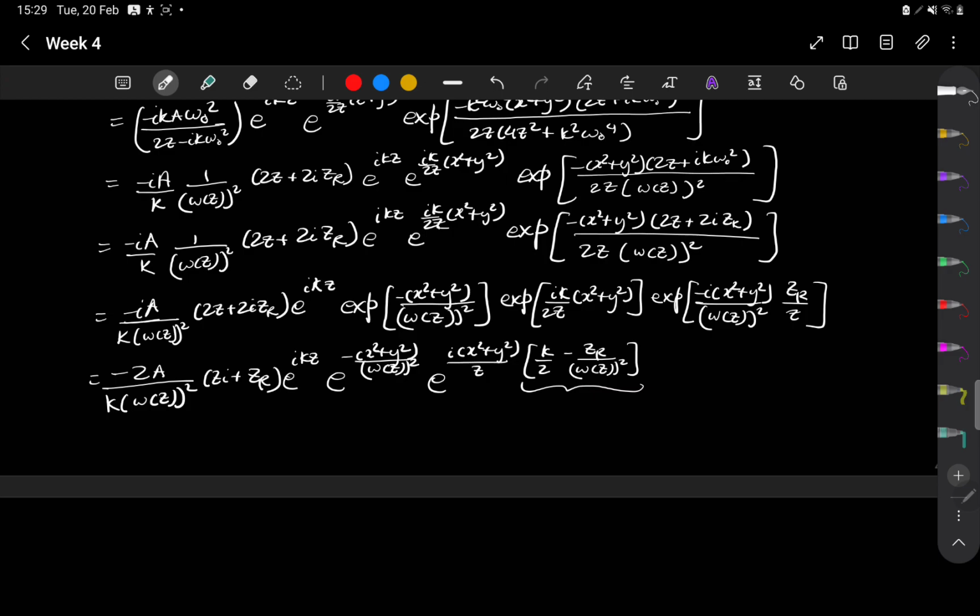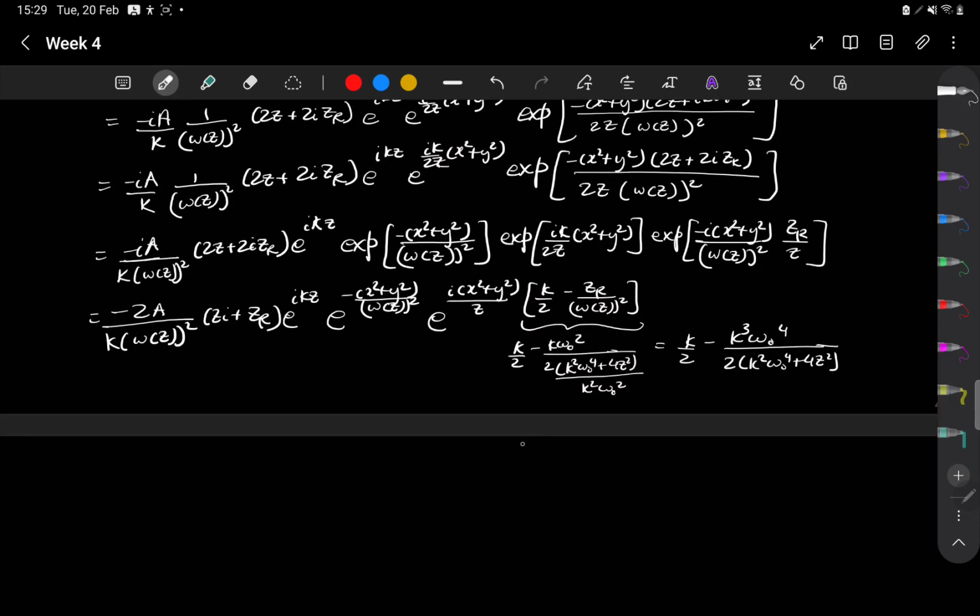So this term in the exponent we can simplify. Let me bring this down over here.